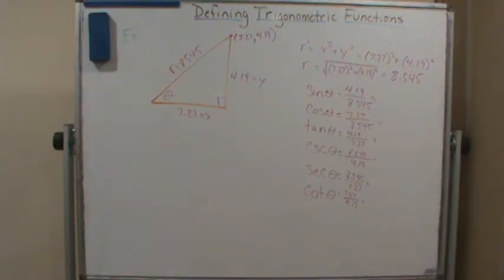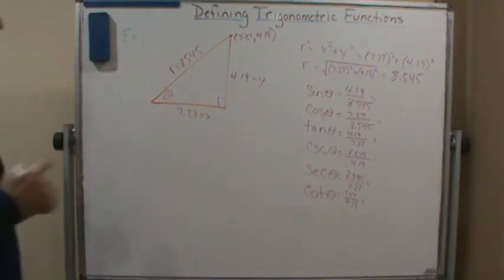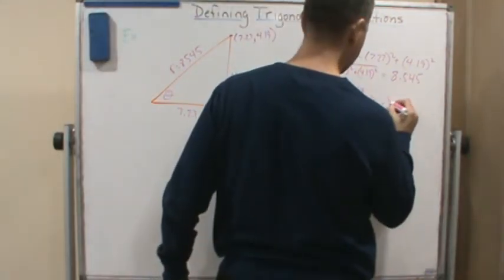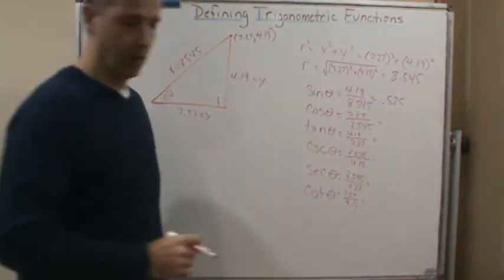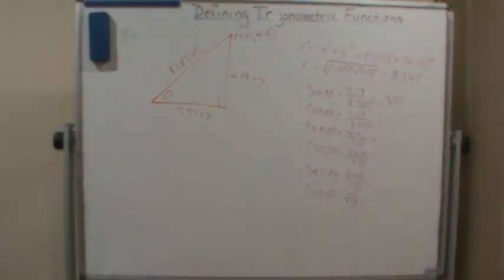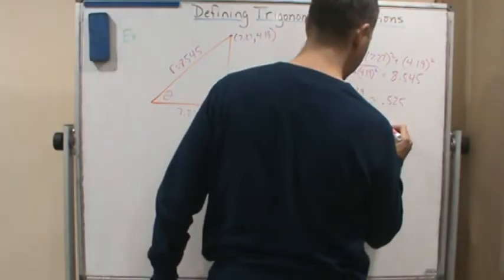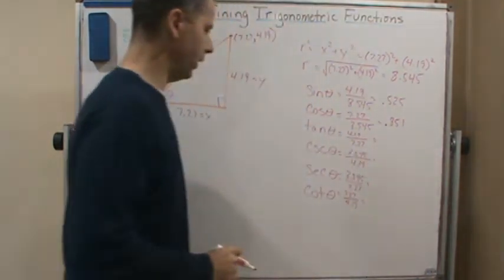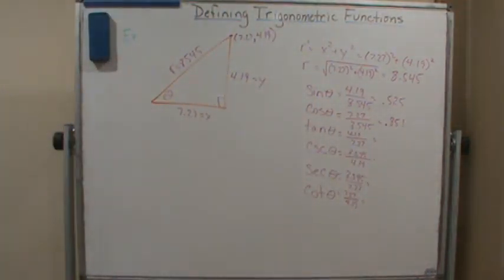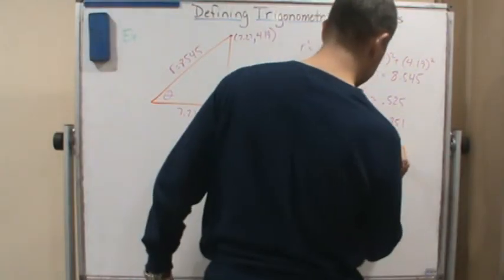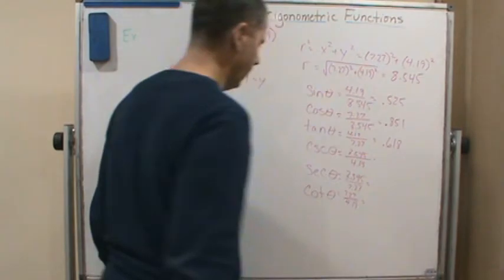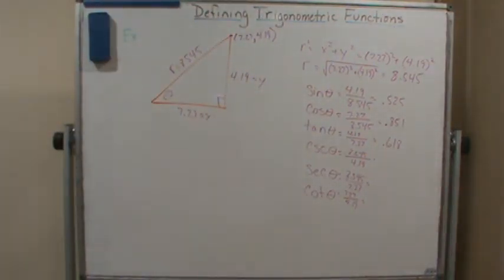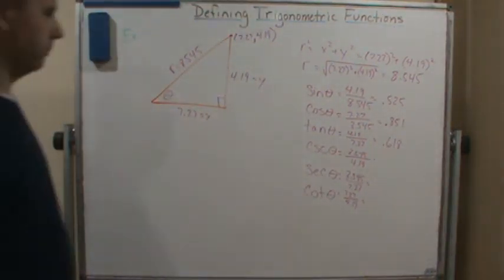Okay, so now if I want the approximate answers for these, then I would just write down, let's see here, sine theta is 0.490, I believe, cosine of this is going to be 0.851. Tangent theta is going to equal 0.618. And then cosecant is 1.90.